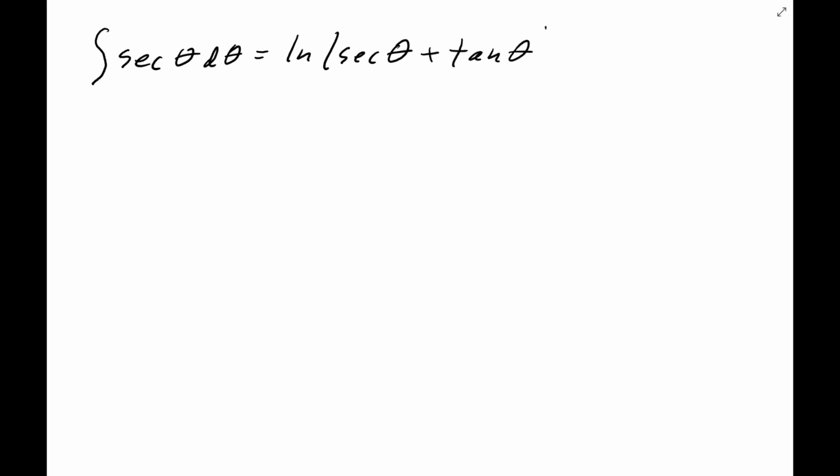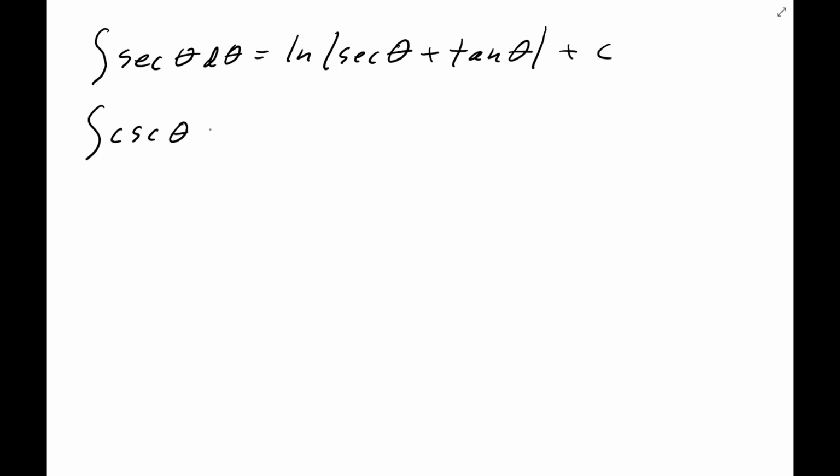Okay, case 4. We're not going to go into a lot of detail on this. Mainly, I just wanted to give you this antiderivative. The antiderivative for the secant of theta is natural log of secant theta plus tangent theta plus c.